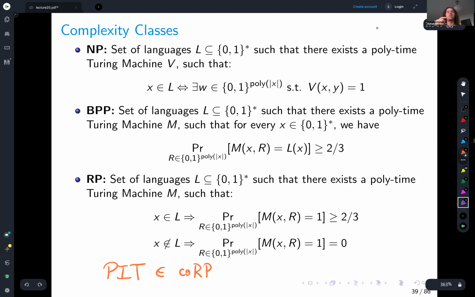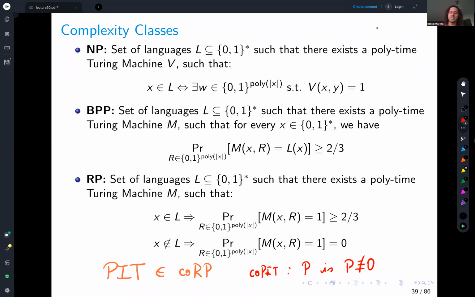It's in co-RP just because we're asking if a polynomial is 0, right? But suppose that we ask the co-PIT question. What is the co-PIT question? Given a circuit or a device computing a polynomial P, is P different from 0? Right?